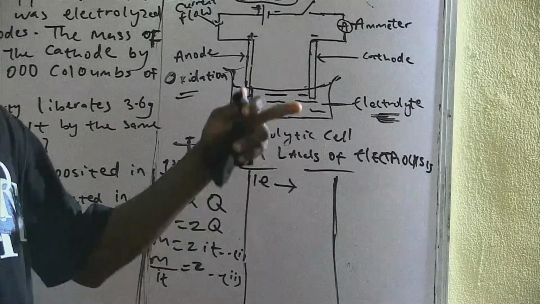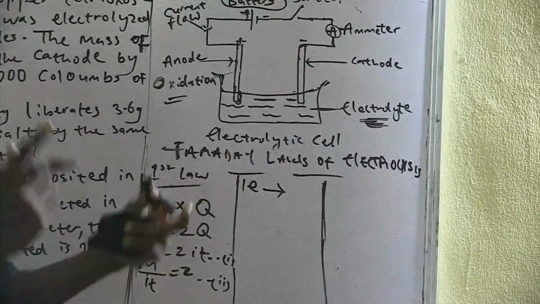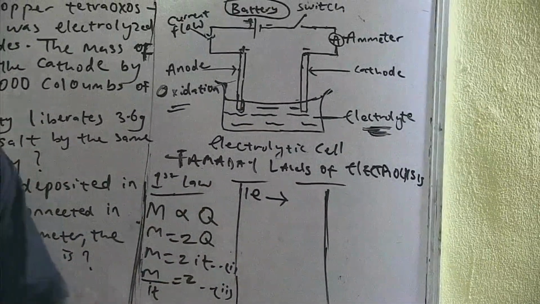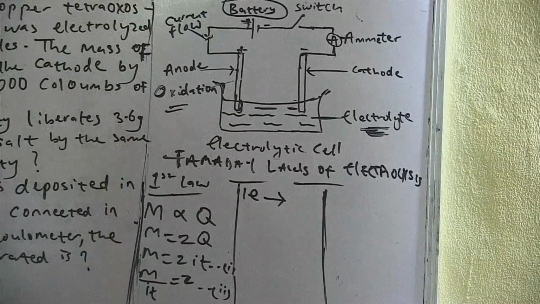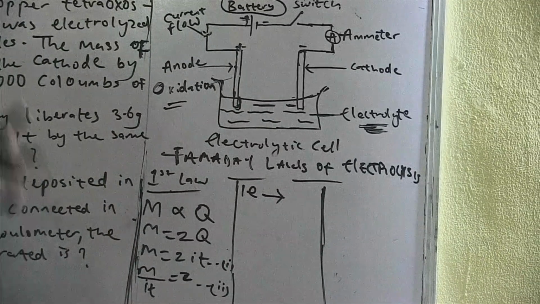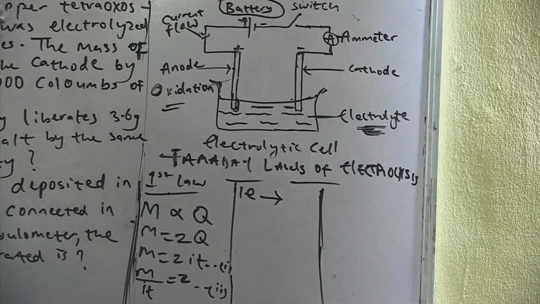For you to have one mole of electron, you need 96,500 coulombs of electricity.